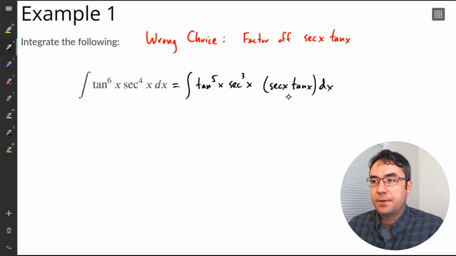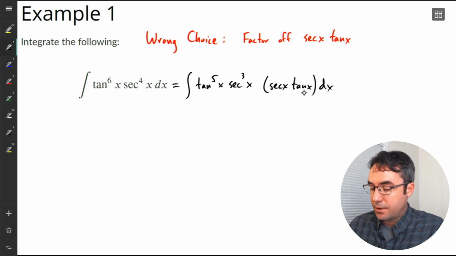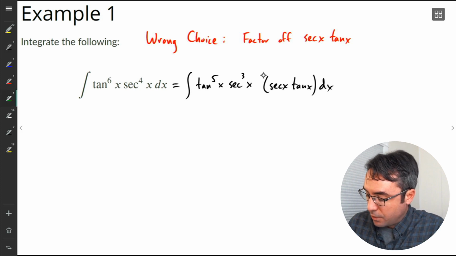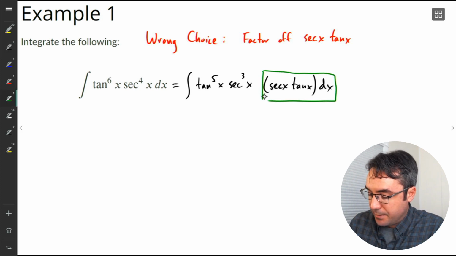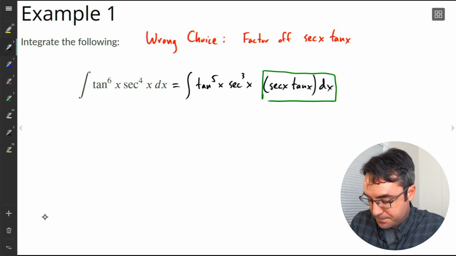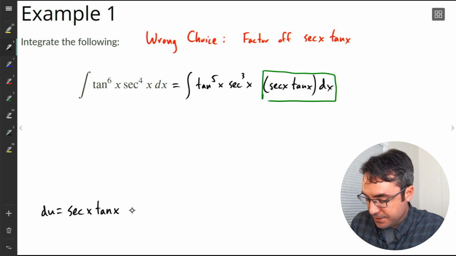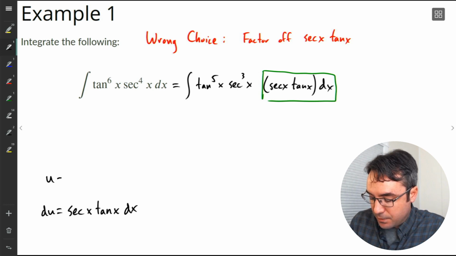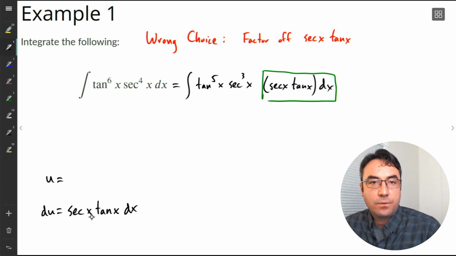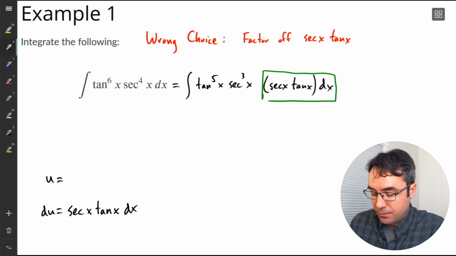All right, so this is what we're hoping ultimately is going to become our du. We're hoping that it's going to become secant times tangent. And if that's what we chose, what is the u term that gives us secant times tangent? Well, it has to be secant x.